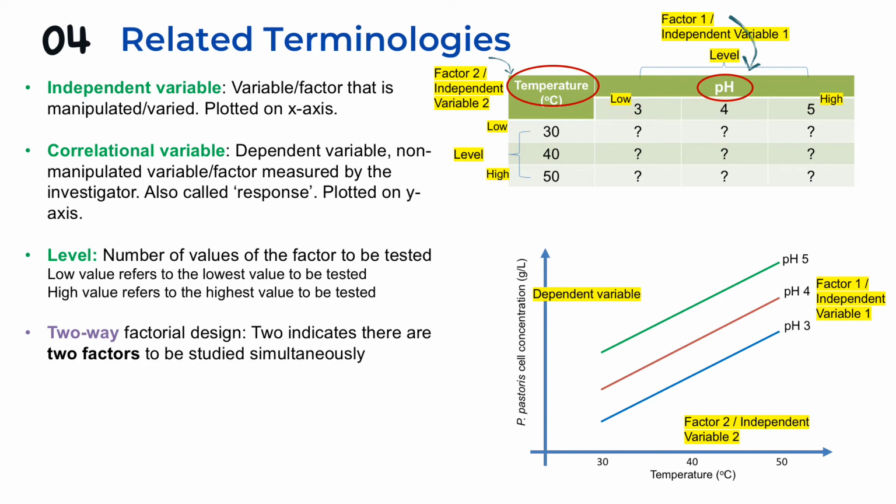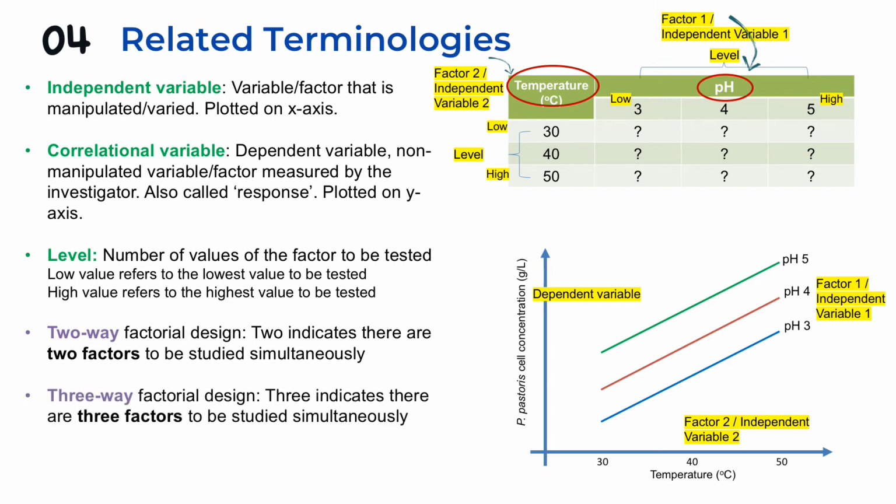The next term is two-way factorial design. It means that the two indicates there are two factors to be studied simultaneously. We can also have three-way factorial design, which indicates there are three factors to be studied simultaneously. And if we have 4 and 5, then we can say 4-way, 5-way, and so on.